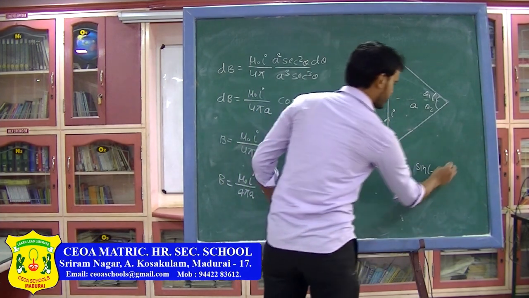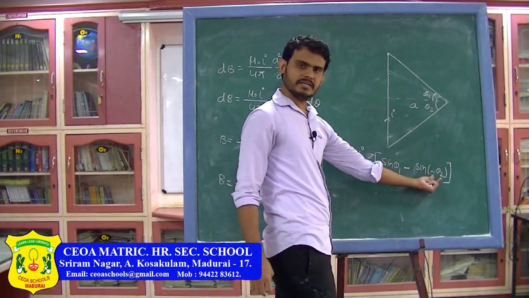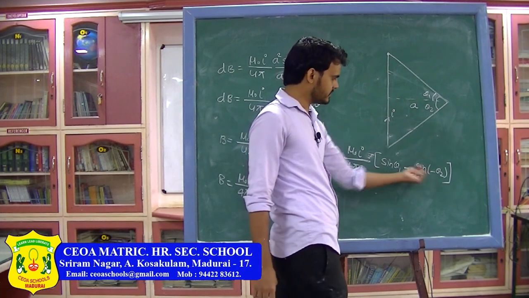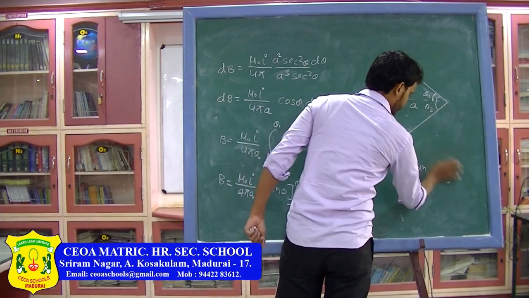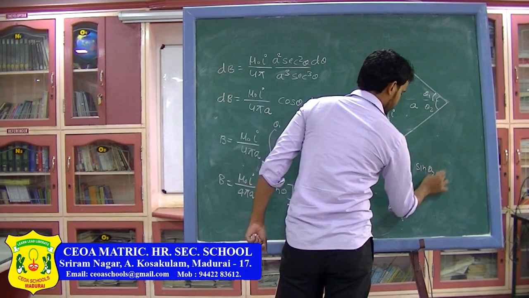Now you know that you can write sin of minus theta as minus sin theta. So this minus will come out and this will become plus, this will be sin theta 2.